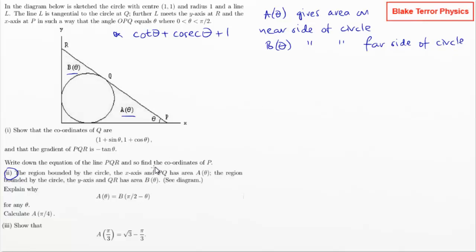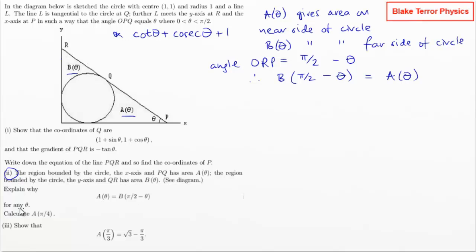So we need to get pi by 2. Let's go up to the angle at the top then. So we can say angle ORP equals pi divided by 2 minus theta. Therefore, B of pi divided by 2 minus theta, which is what they want, is going to be the area on the other side of the circle, equals A theta.